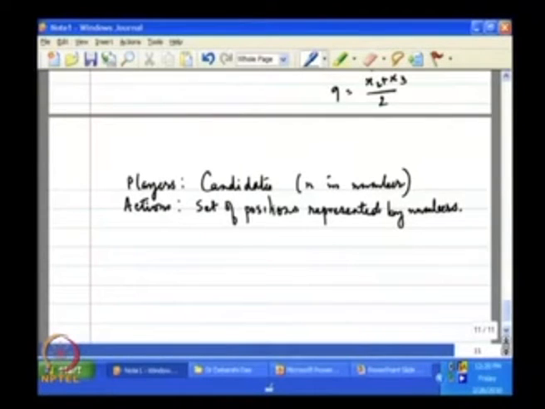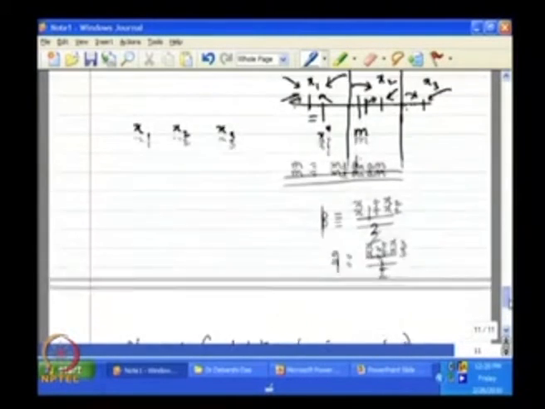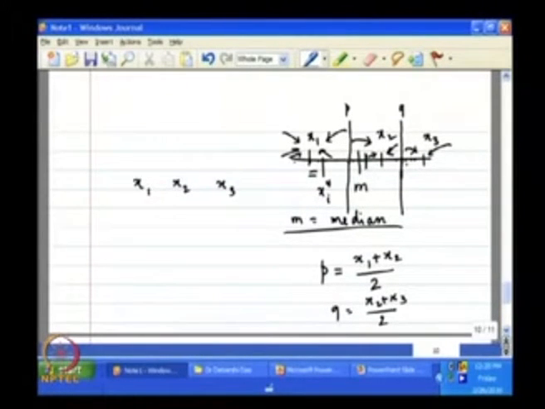I can choose any of those numbers and that will be my action. Another thing I did not mention is that if there are some voters on this line where P is the middle point between x1 and x2, then these voters are going to be equally divided between candidate 1 and candidate 2 because they are on the borderline.